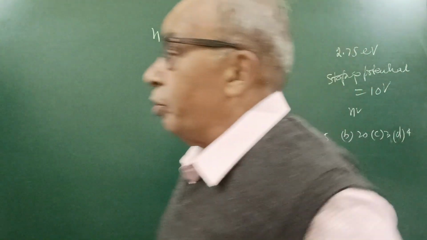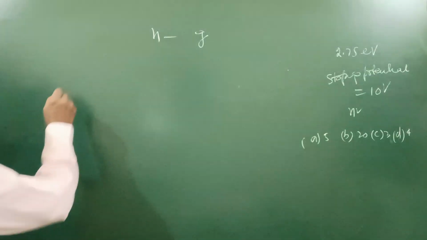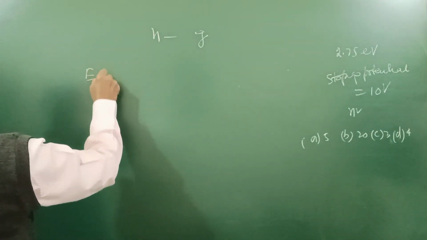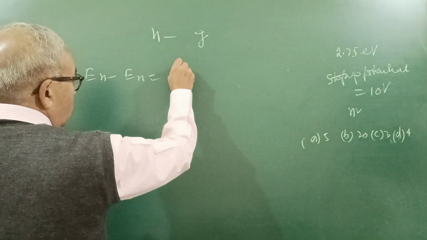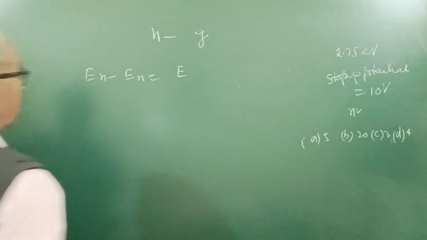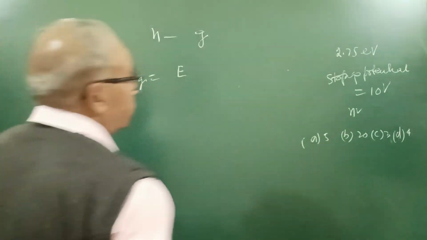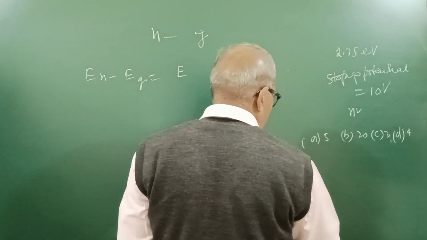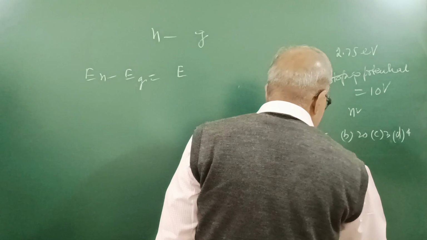Energy of photon equals E n minus E g, equal to h nu, the energy of photon. And we know energy in any state is minus 13.6 upon n square.